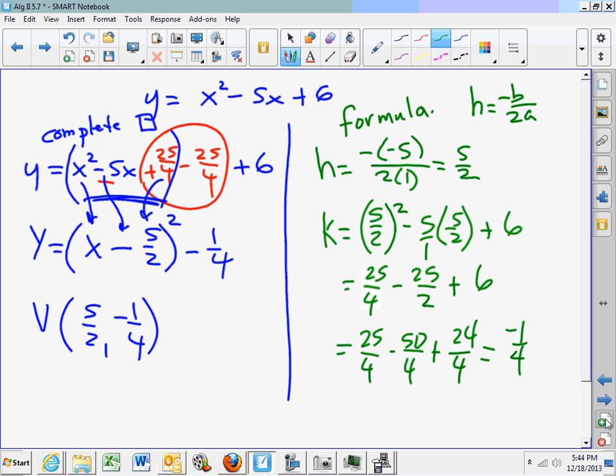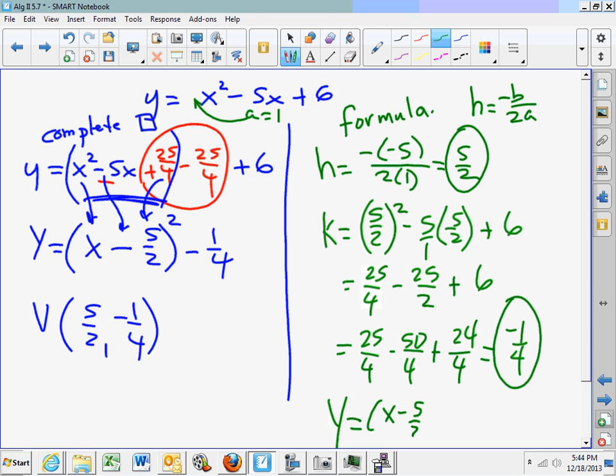So notice h is 5 halves and k is negative 1/4 and a is 1. So vertex form, y equals a, that's 1, times the quantity x minus h, minus 5 halves, squared, plus k, that's minus 1/4.